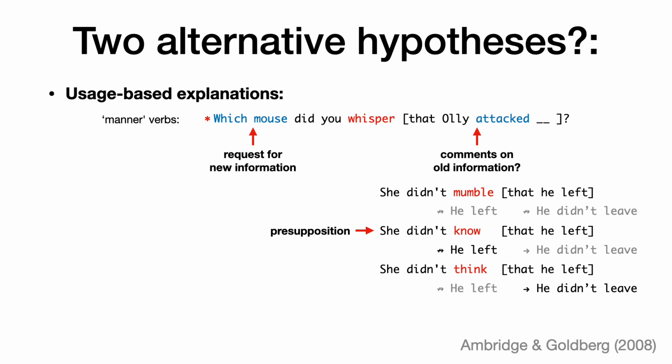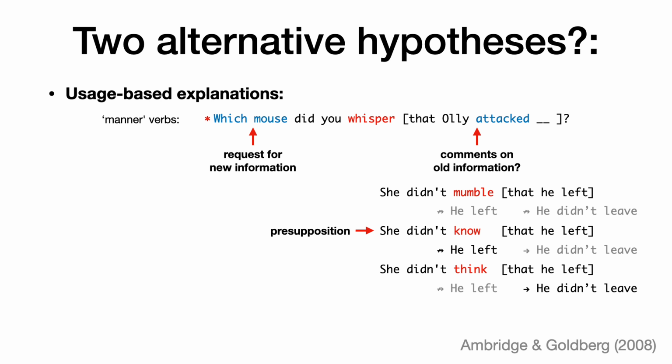And one of the things that they did is they noticed that this idea of information being backgrounded means that it's not at issue, right? It means that if the matrix sentence is negated, we're not really negating or addressing even the complement clause. So I said that a little clumsily.